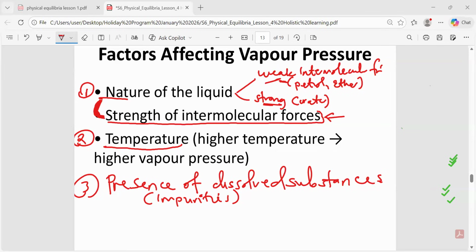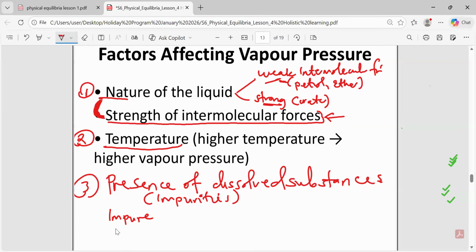So between the impure substance and the pure substance, which one is going to have a higher vapor pressure? The impure one is going to have a lower, then pure will have a higher. Okay.